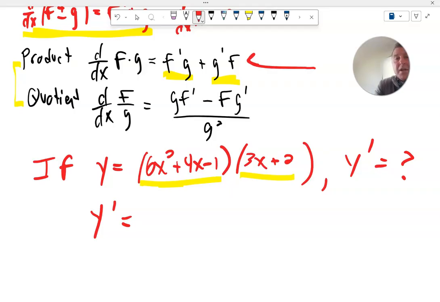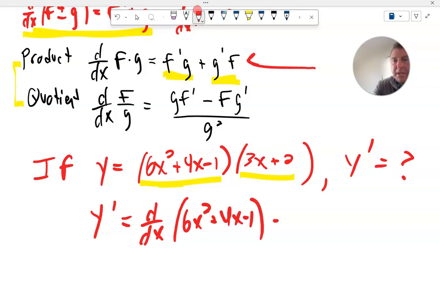So the product rule says to find the derivative of f times g, I take the derivative of f. So I'm just going to write the derivative of f times plain old g. So that stays for now. There's my f prime times g.